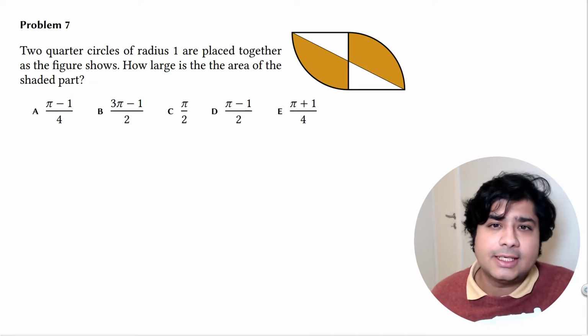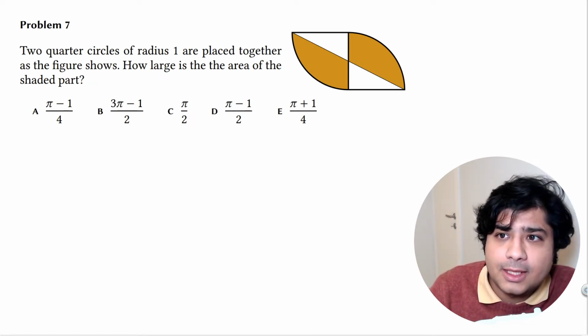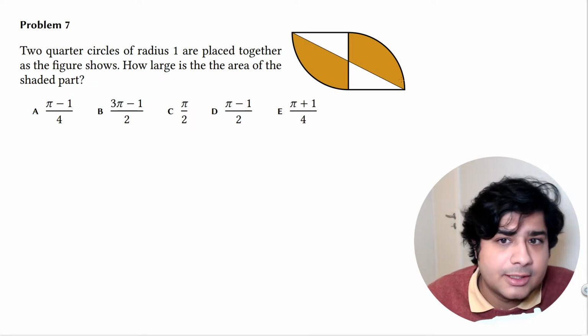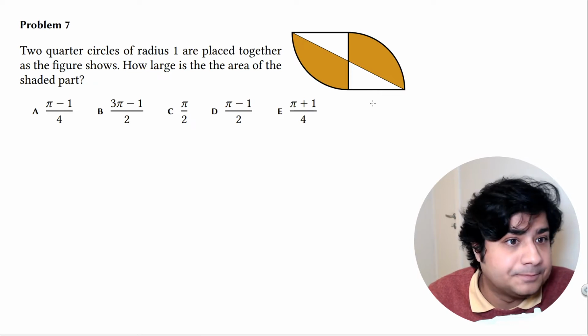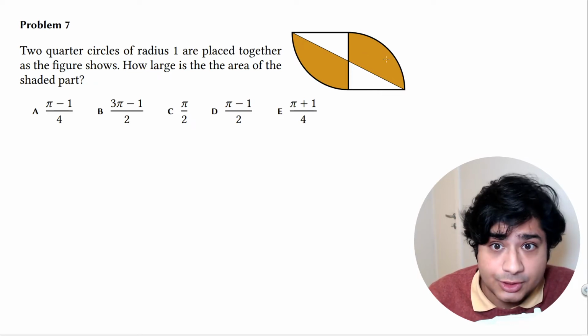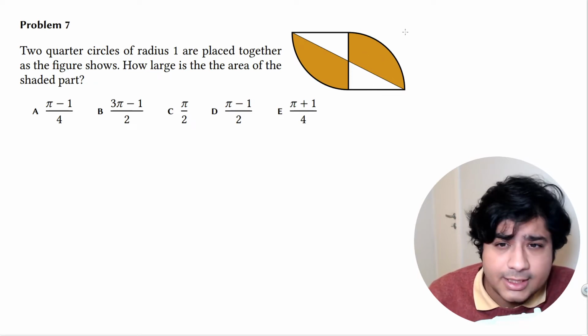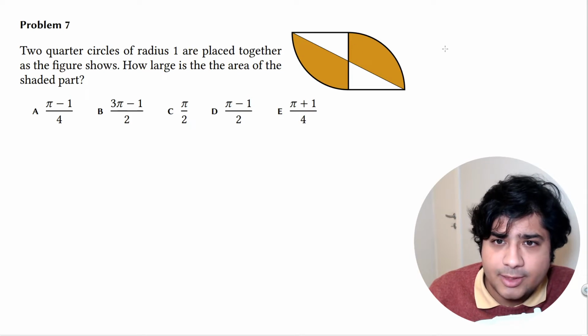All right, let's see what we have here. So you got a figure, and they're talking about 2 quarter circles. So I suppose they're talking about this part. If we were to write that like this, this would be a quarter circle.